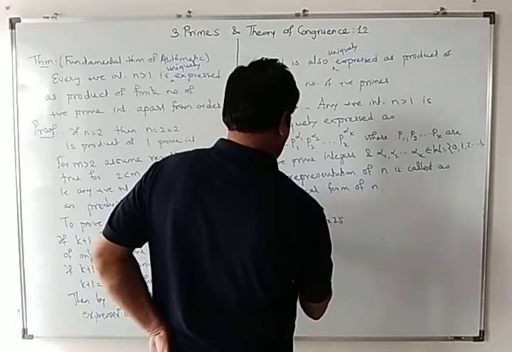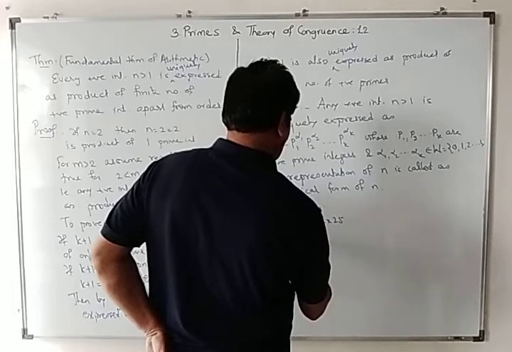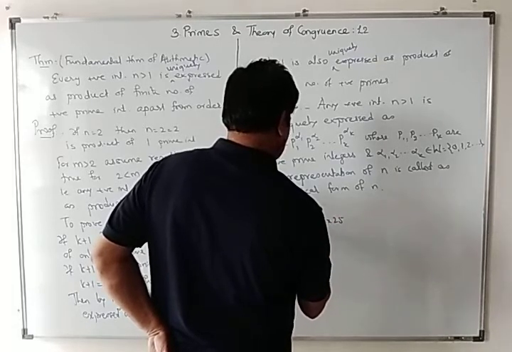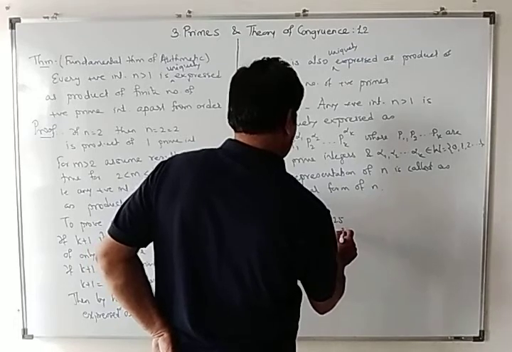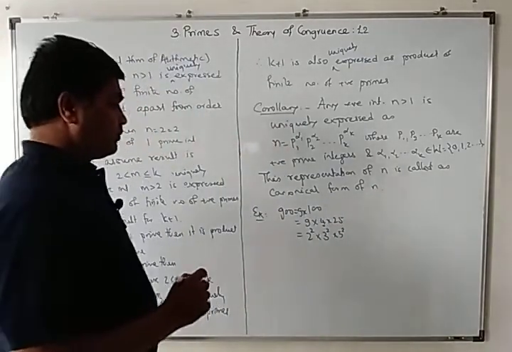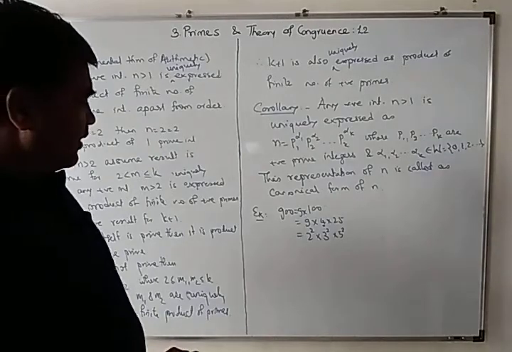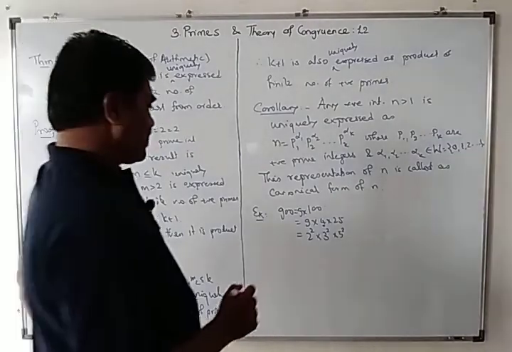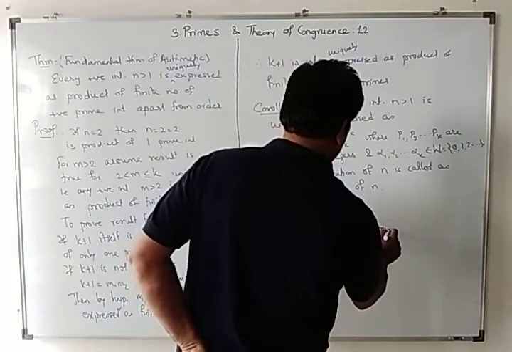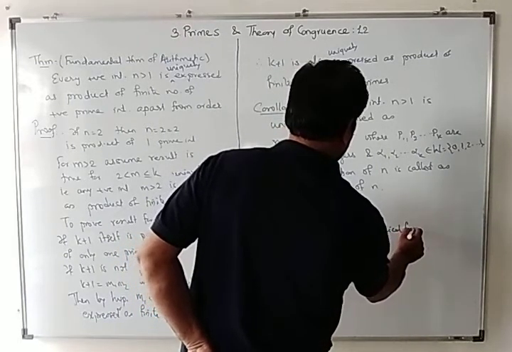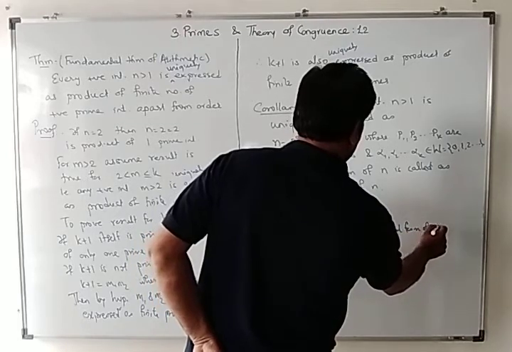I can write this 4 as 2 square, this 9 as 3 square and this as 5 square. Is it clear? So this is the canonical form of 900.